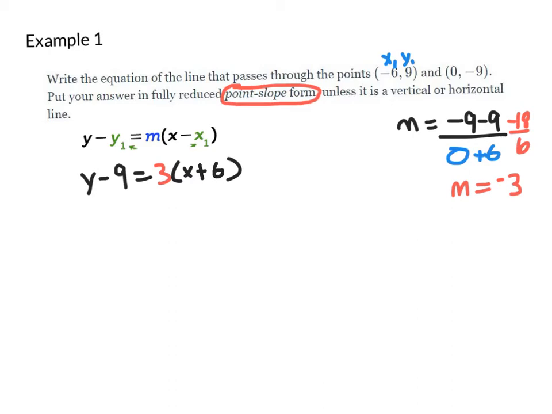And that then is the equation in point slope form that represents this set of ordered pairs. It would have a slope of 3, and then the point slope form would be y minus 9 equals 3 times x plus 6.